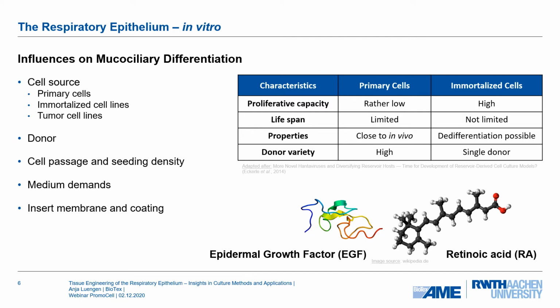This includes the use of antibiotics and specific growth factors like, for example, epidermal growth factor, EGF, or retinoic acid, but also the medium volumes and the exchange frequency. Last but not least, the choice of the insert membrane and the insert coating before cell seeding impacts the cell behavior.